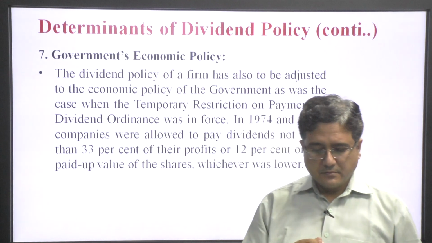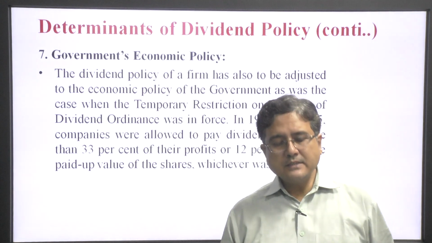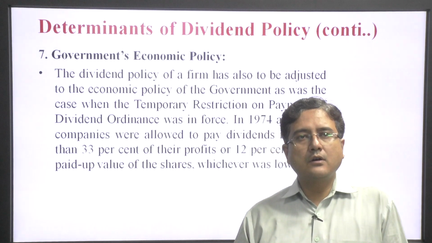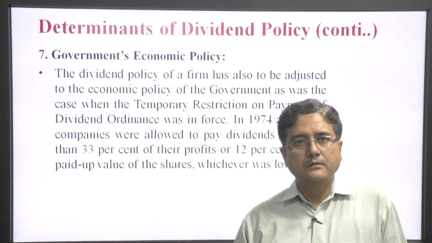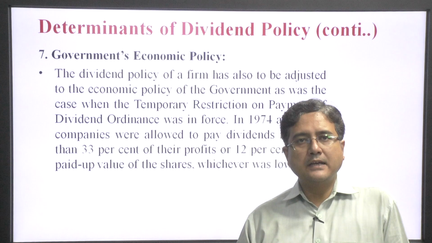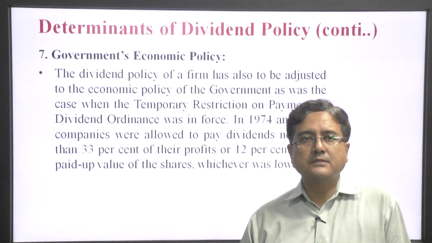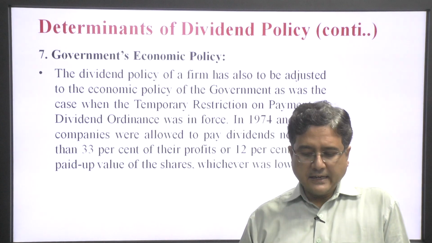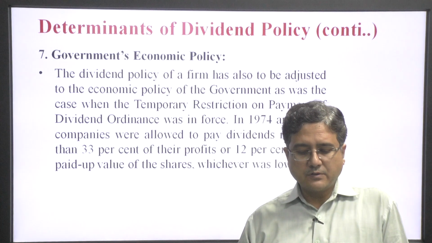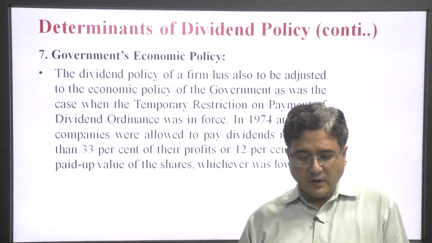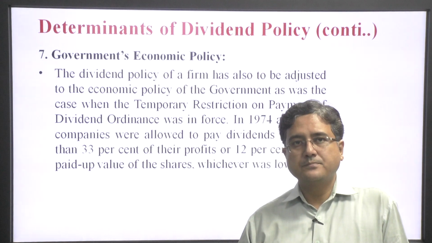Look at the restrictions given by the government. As was the case when the Temporary Restriction of Payment of Dividend Ordinance was imposed in 1974, companies were not allowed to pay more than 33% of their profit or 12% on the paid up value of the shares, whichever is lower.